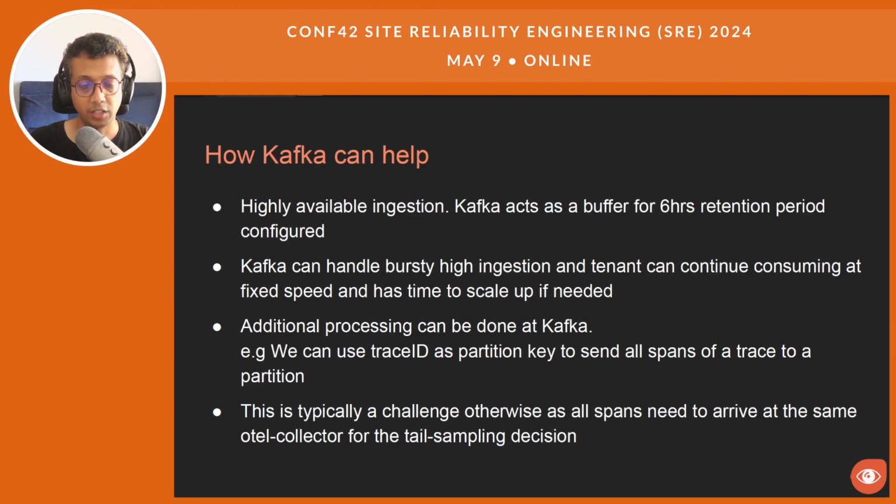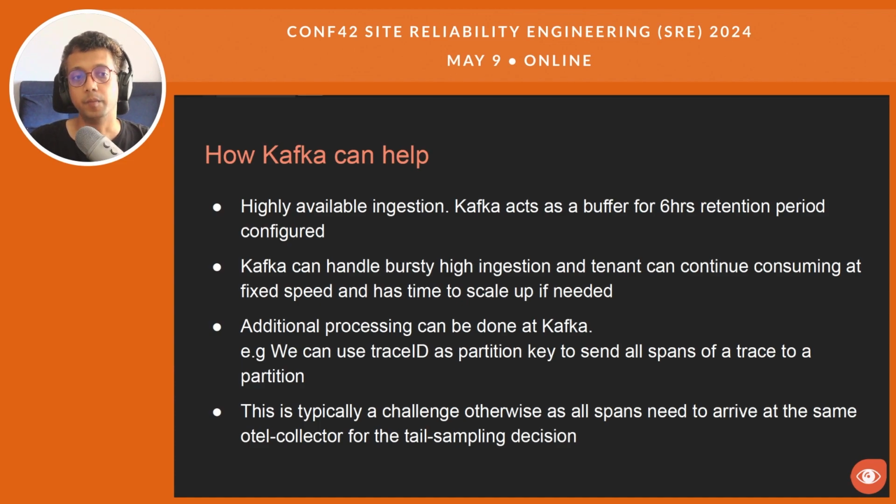If there are just OTel collectors, you'll have a challenge with multiple OTel collectors in getting all spans to come to the same OTel collector, because an OTel collector by its nature is horizontally scalable, so you don't really control which OTel collector a span will go to, and they are stateless.